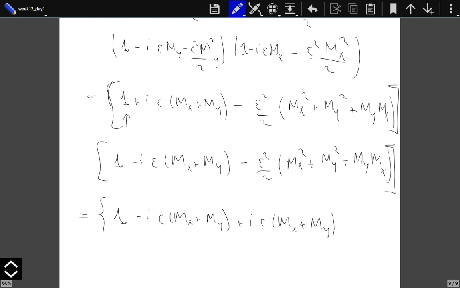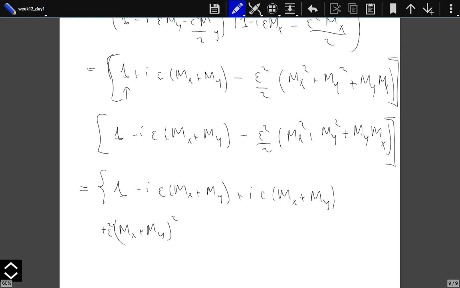Now let's look at what these commutators are. Jz, Jx, we already know what it is. This is equal to I h bar Jy. This is the definition of these operators. Let's take one more commutator.